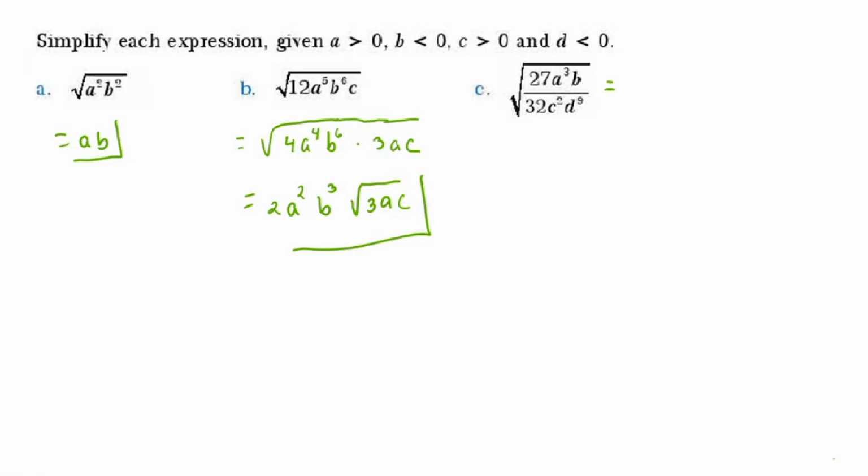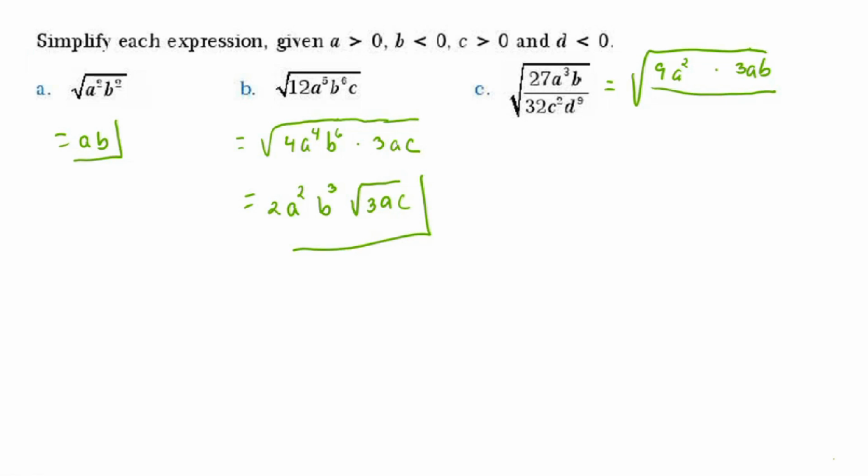Now, let's try it like this. We have here the square root of the factors of 27. We have 9 times 3 is 27. How do we rewrite the factors of a cubed? We have a squared times a is a cubed. And b, since the exponent is 1, just stays here in the group of 3ab. And then for the denominator, we have 32.